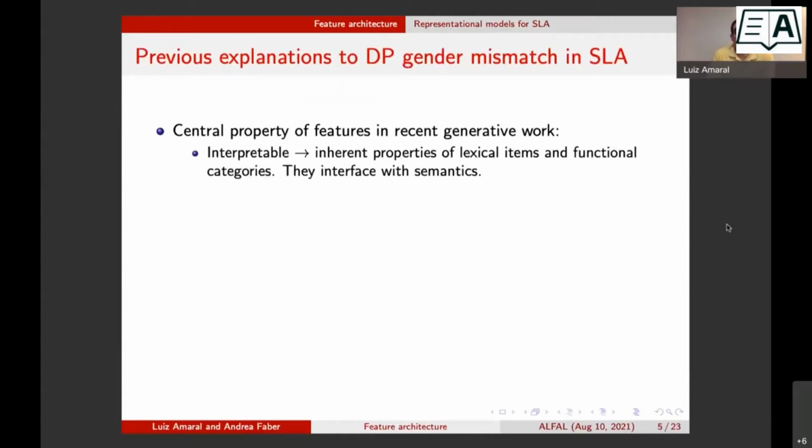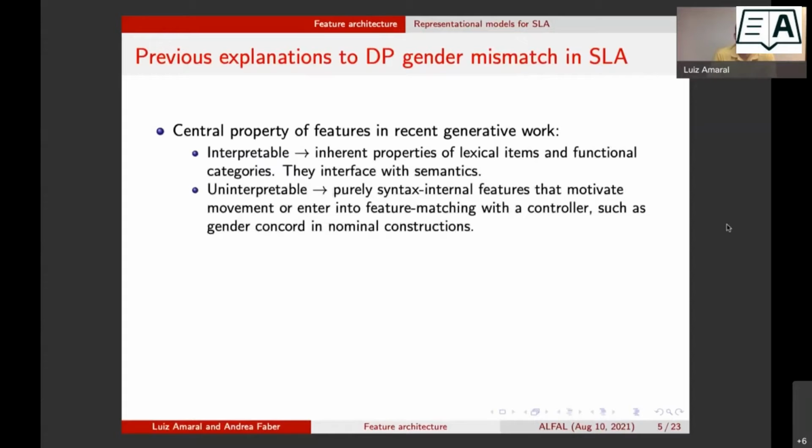Okay, so this is also just a reminder. I'm sure that you all, at least the people who are here, already know about the central properties of features in recent generative work. So this is just a reminder. They are basically divided into interpretable features, which are inherent properties of lexical items and functional categories, and they interface with semantics, and uninterpretable features, which are purely syntax-internal features that motivate movement or enter into feature matching with the controller, such as gender concord in nominal constructions.